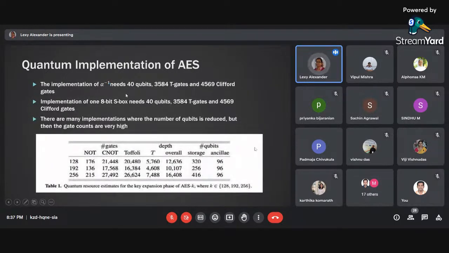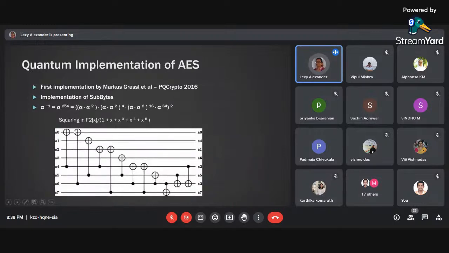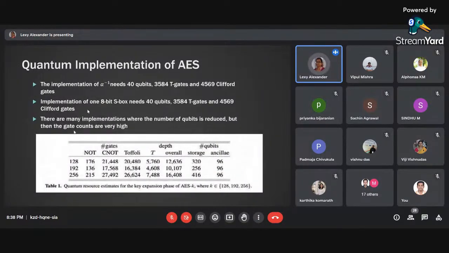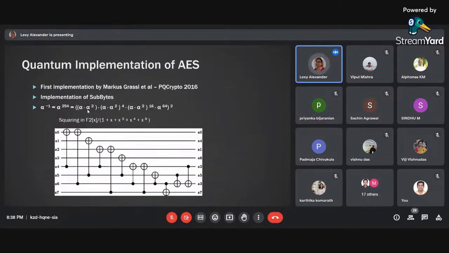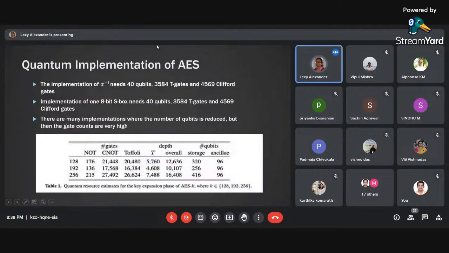This implementation of alpha inverse needs 40 qubits, 3,584 T gates, and 4,569 Clifford gates. The reason is that a CNOT gate is implemented using only T gates and Clifford gates, so instead of counting the gates directly, they count T gates and Clifford gates. So one computation of alpha inverse requires 40 qubits, 3,584 T gates, and 4,569 Clifford gates.